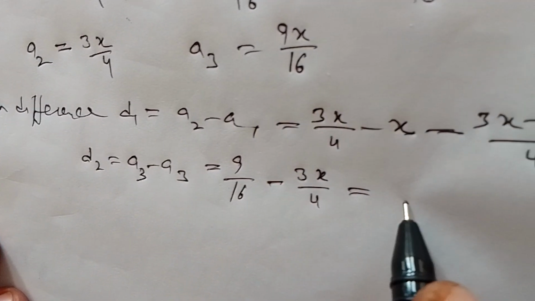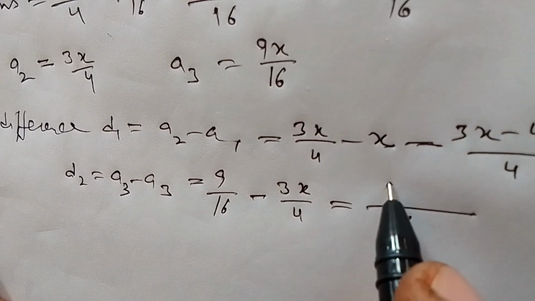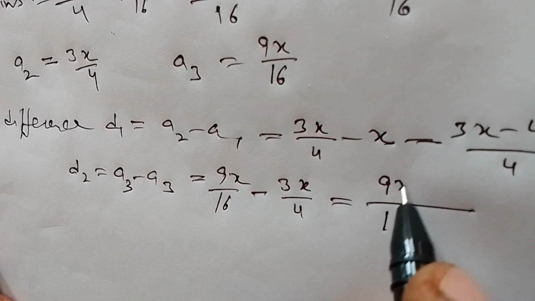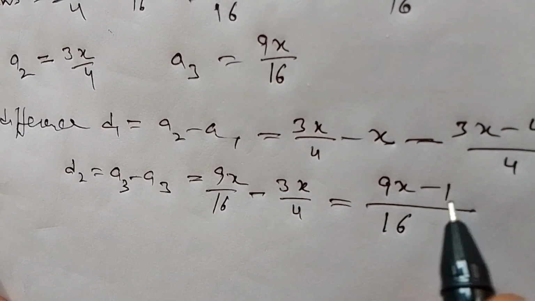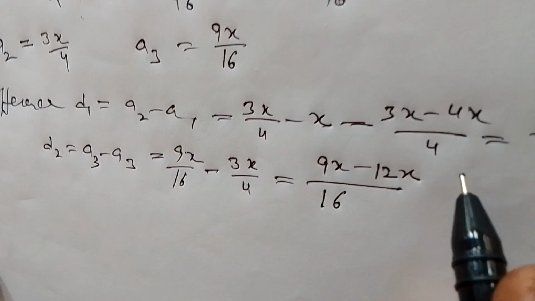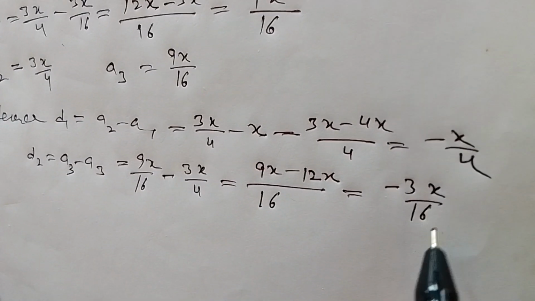So with the least common multiple 16, it comes out to be 9x minus 12x, that comes out to be minus 3x by 16.